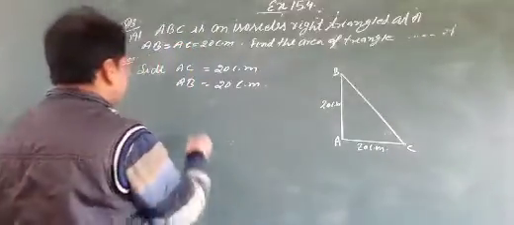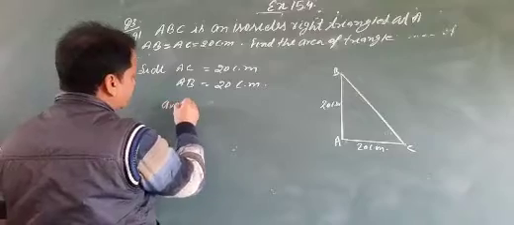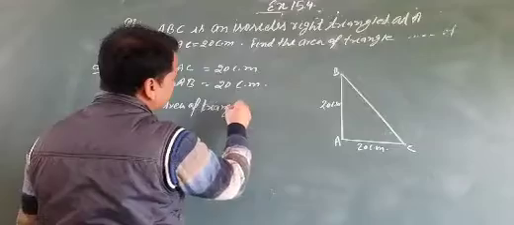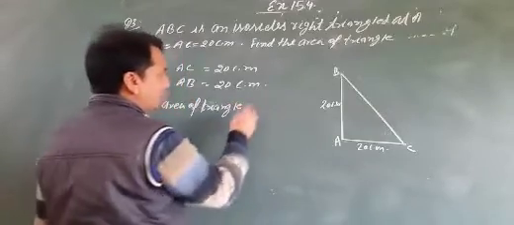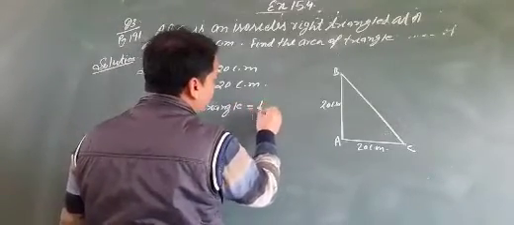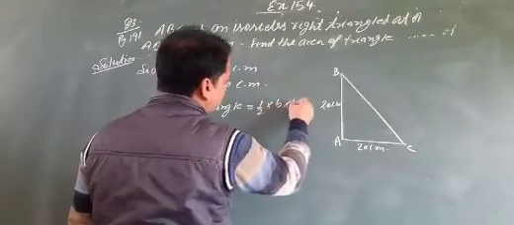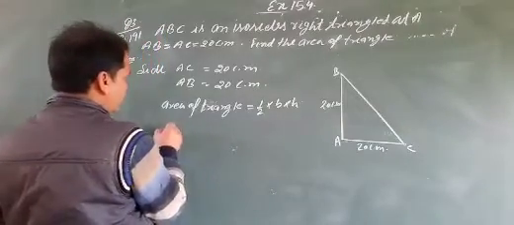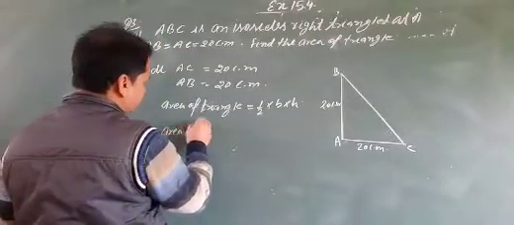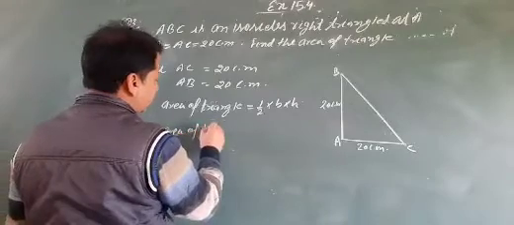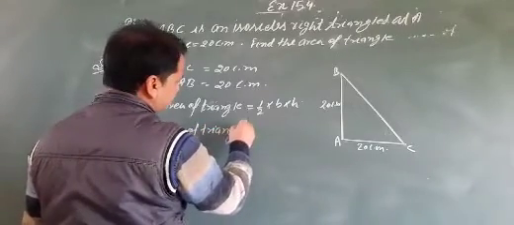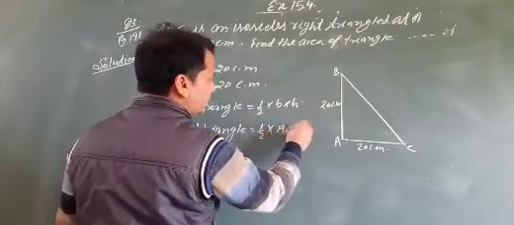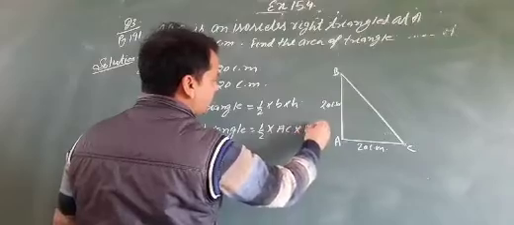And we know that the area of a triangle is equal to 1 by 2 into base into height. Then area of triangle is 1 by 2, and the base is AC and the height is AB.